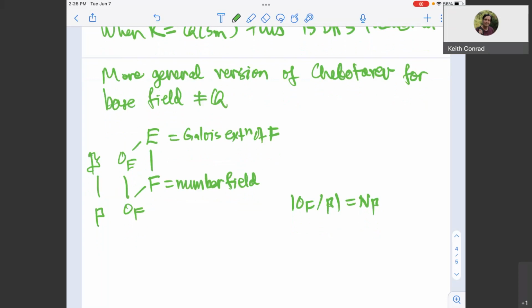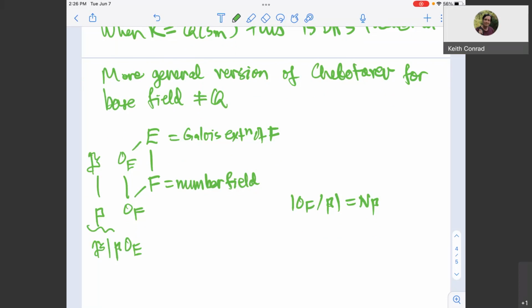So up here on the left side, this ideal is a factor of the extension of the prime downstairs to an ideal upstairs, just like previously the prime ideal upstairs is a factor of pO_K. And so the residue field at the ideal upstairs extends the residue field at the ideal downstairs.